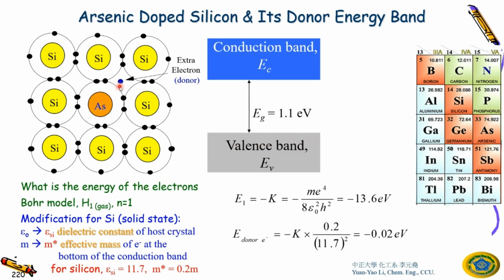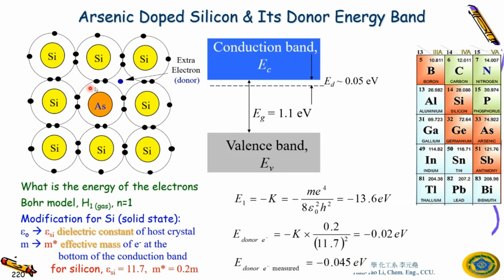However, for this electron, the energy will be somewhere around here. This is for you to do a simple calculation. Of course, this is a rough number. However, if you do the measurement, the energy for this electron is about minus 0.045. Normally you just remember 0.05 electron volt.